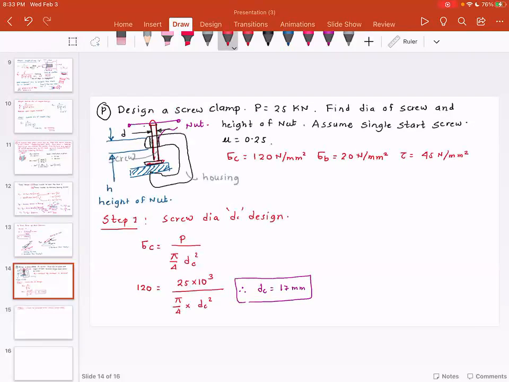In this problem, we found out the core diameter. From the core diameter, I should be able to find out the outside diameter. And from core diameter and outside diameter, I should be able to find out the mean diameter. So at the end of step 1, I should have mean diameter, I should have outside diameter, and I already know the core diameter. So this is 17 millimeter.